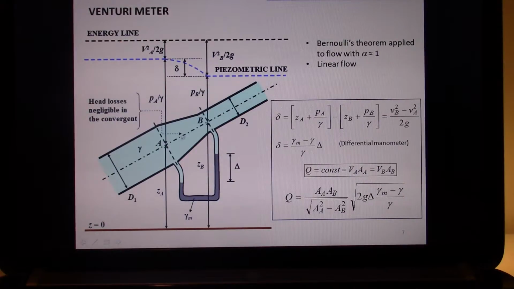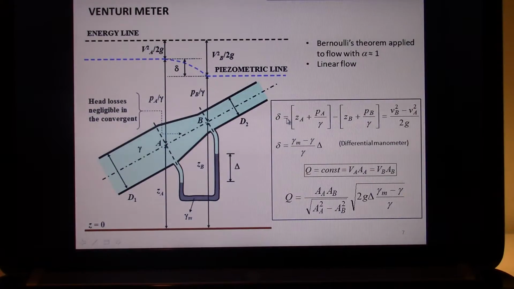Then, applying Bernoulli's theorem from point A to point B, we will find another expression of this little delta.